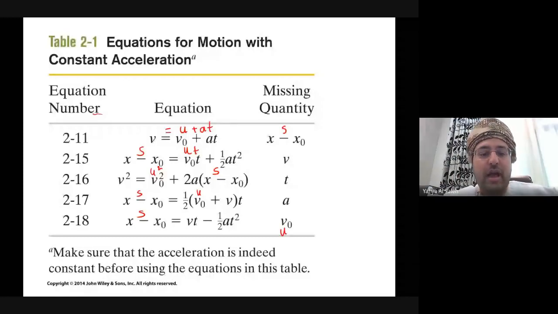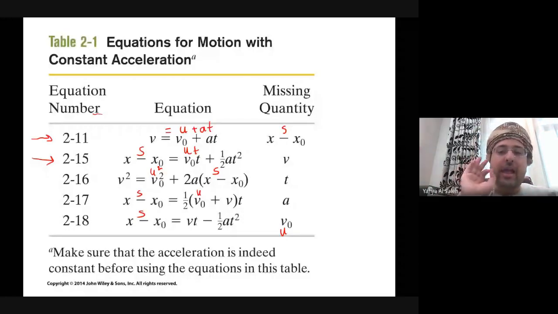Okay, so we derived from first principles equations 2-11 and 2-15, without relying on the book or anything else. Now these equations work at all times if the acceleration is constant. But this is an important point: make sure the acceleration is actually constant before we start using these equations in any problem, otherwise you get a nightmare.